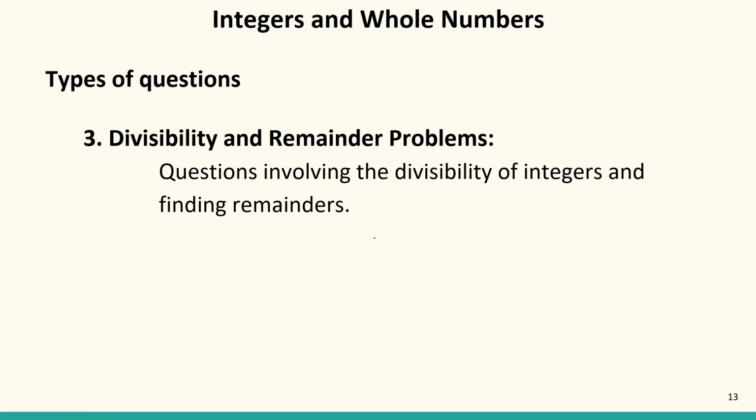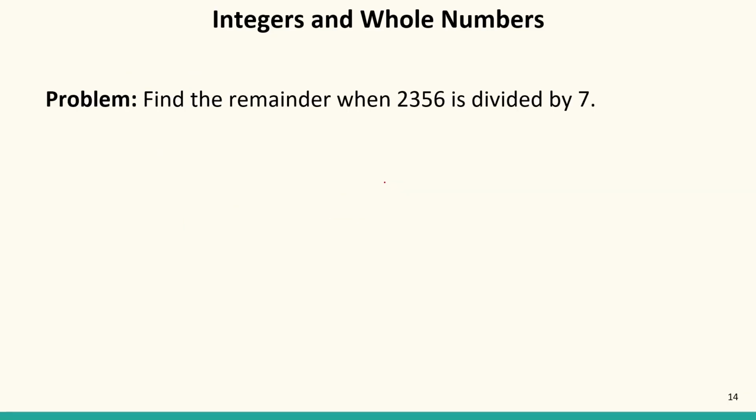So the third type of problem that is being asked is on divisibility and remainder problems. Okay, so let's see an example. Find the remainder when 2356 is divided by 7. Okay, we can do the long division here. 23, 56.